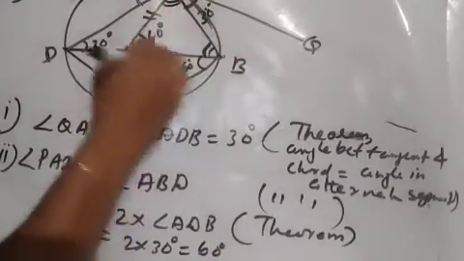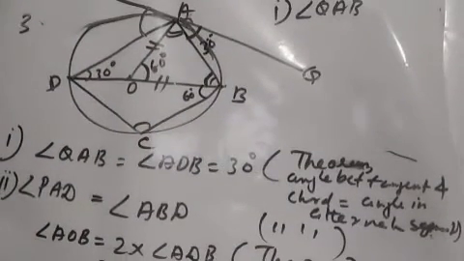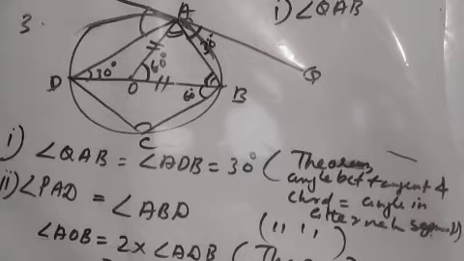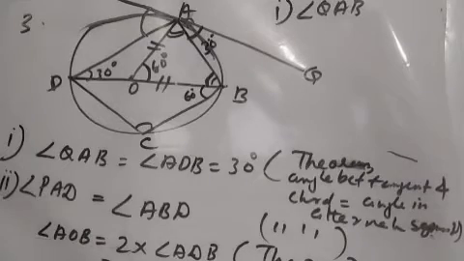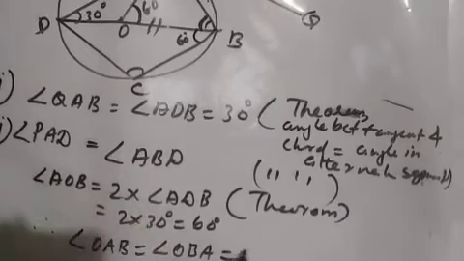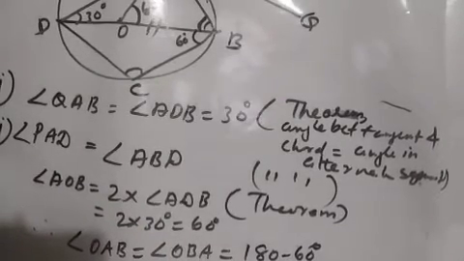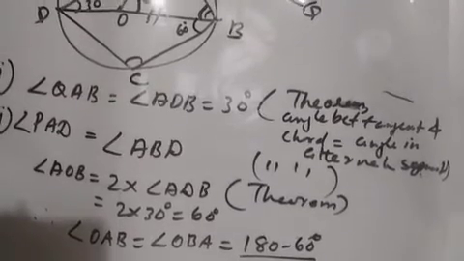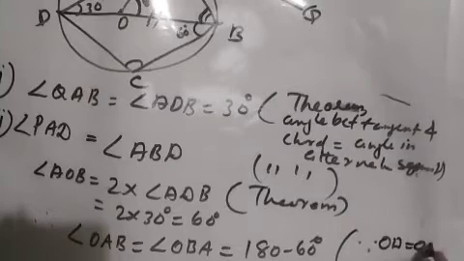What is remaining in the triangle? Total angle in a triangle is 180 degree. Therefore, we know that angle OAB and angle OBA are equal. Why they are equal? Since OA equal OB.